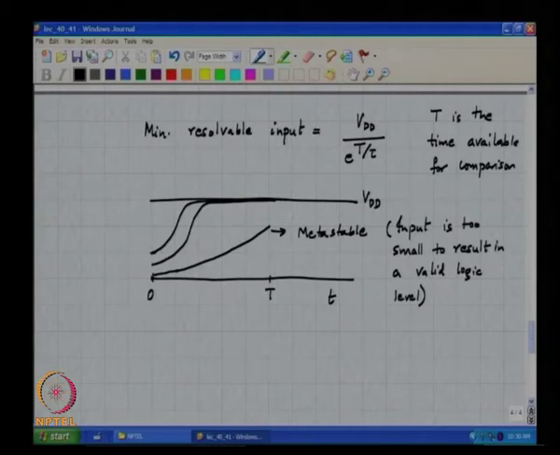A large input, in other words an input which is large when compared to the threshold or far away from the threshold, will result in a decision which is very quick, whereas an input which is close to the threshold, right, will take a long time to regenerate. Therefore, if you have only a finite time, it means that you will not get a valid logic decision in that finite amount of time if the input is very close to the threshold, okay.